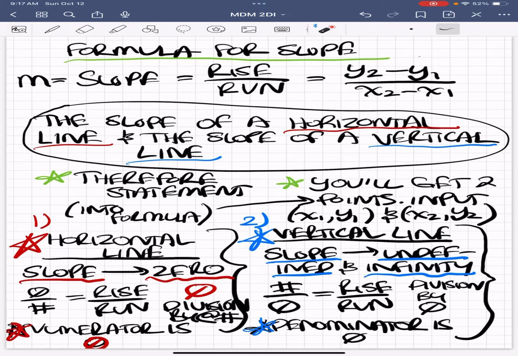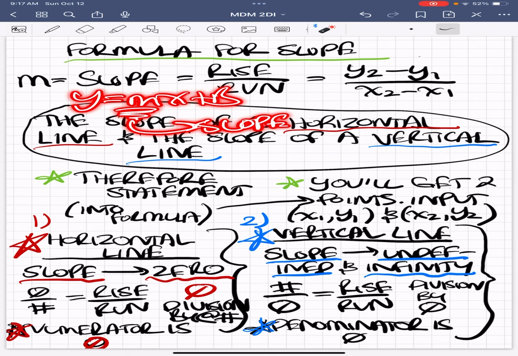For the beginning, we're going to look at the formula for slope. So we have m, which is the indicator, so y equals mx plus b. M is slope, and b is the y-intercept.